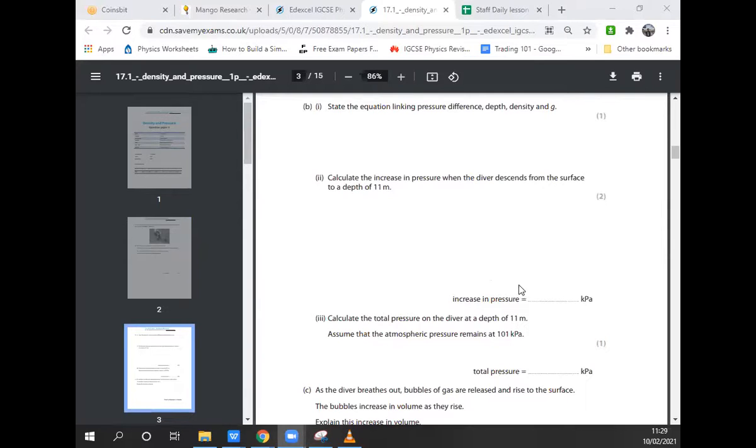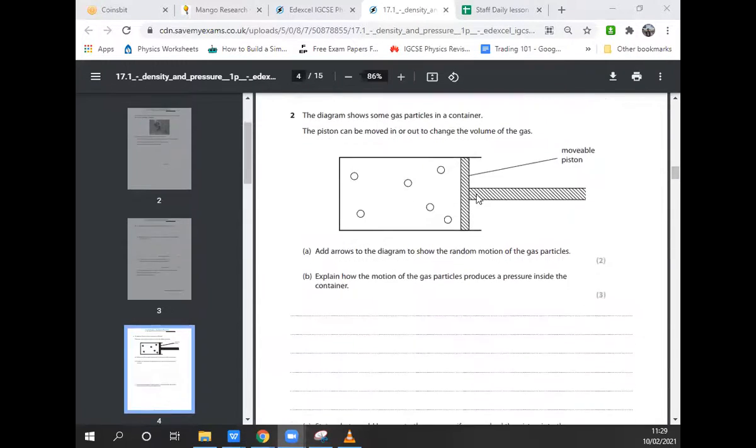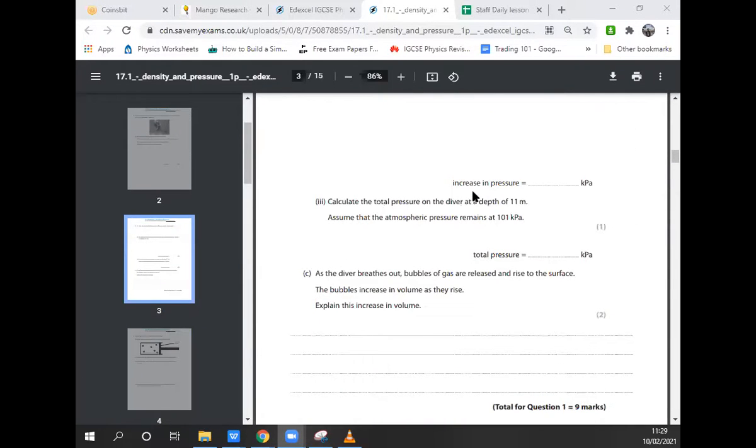Now here you got 113,000 and this is 101,000, so you'd have to add them together to get the total pressure. So how much was the air pressure, sir? This one 101,000. So then together it will become 214,000 when you add them together. The total pressure is 214. Okay.